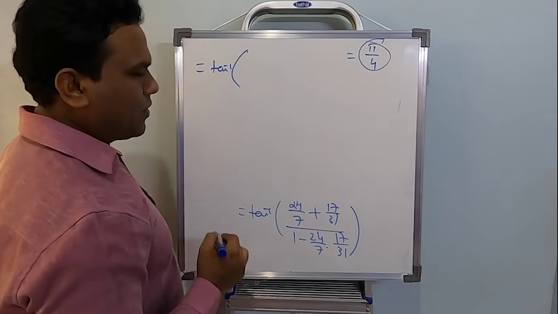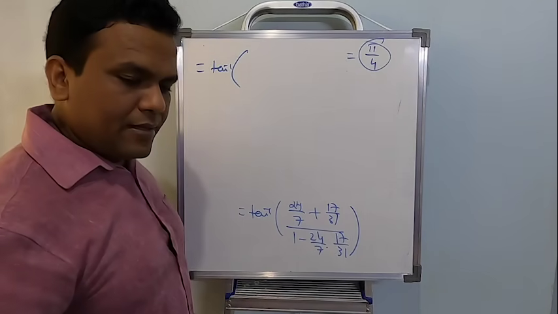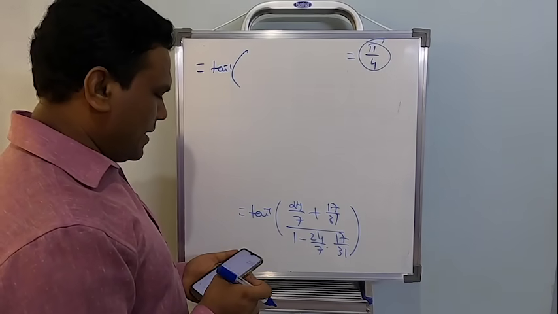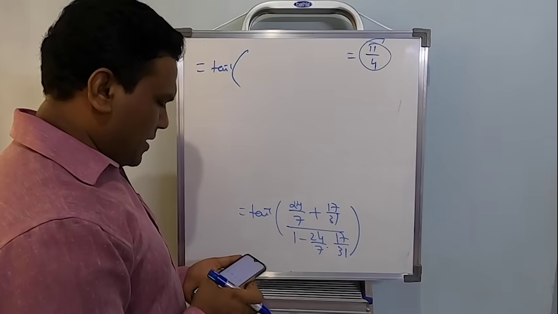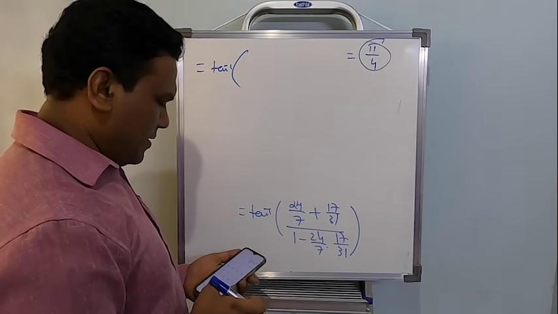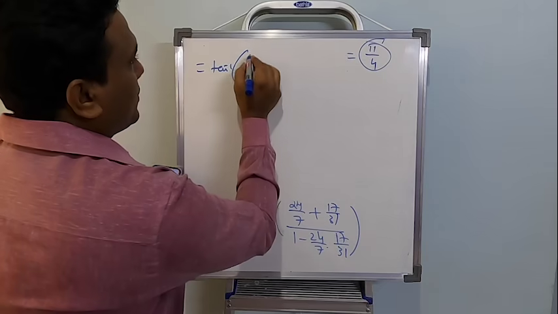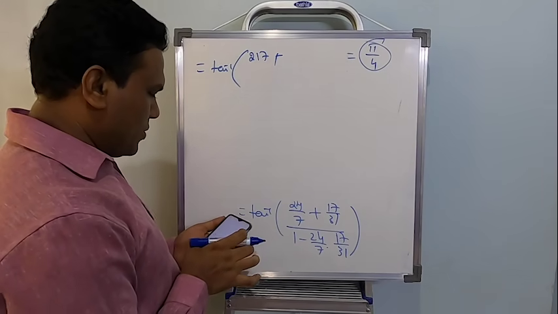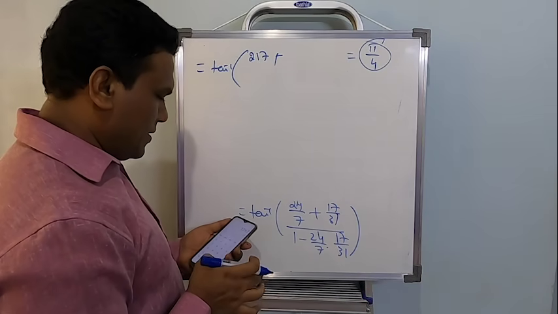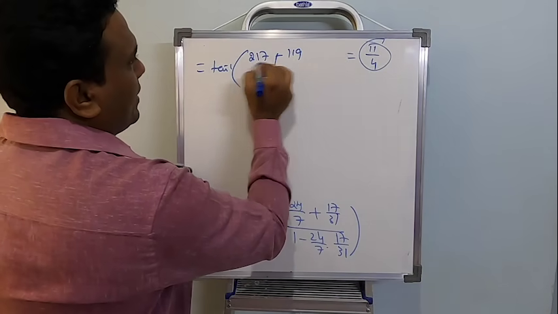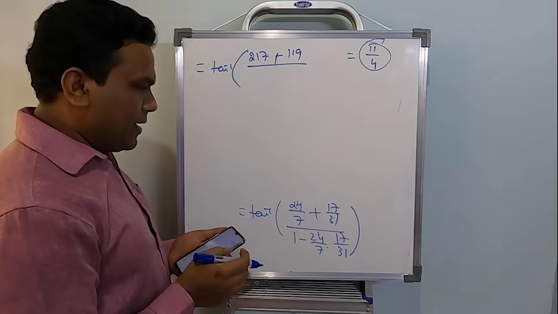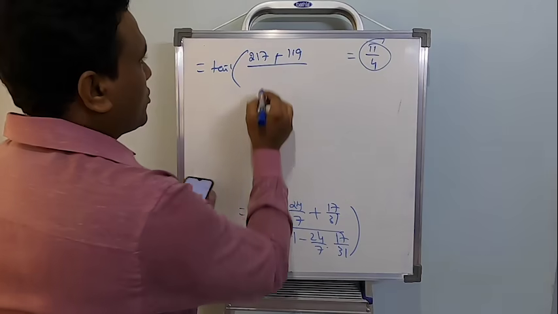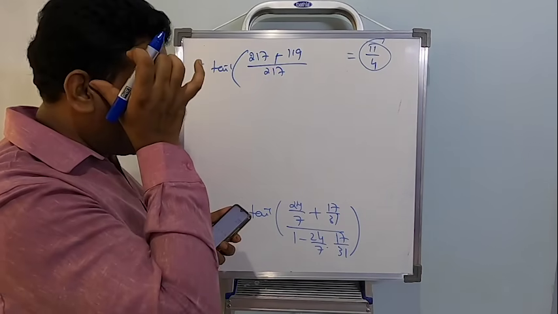So tan inverse of, on taking LCM, the values are a bit higher. So 31 multiplied by 7 is going to be 217. 217 plus 7 multiplied by 17, so 17 multiplied by 7 is going to be 119, by 7 multiplied by 31. 7 multiplied by 31, that's going to be 217.